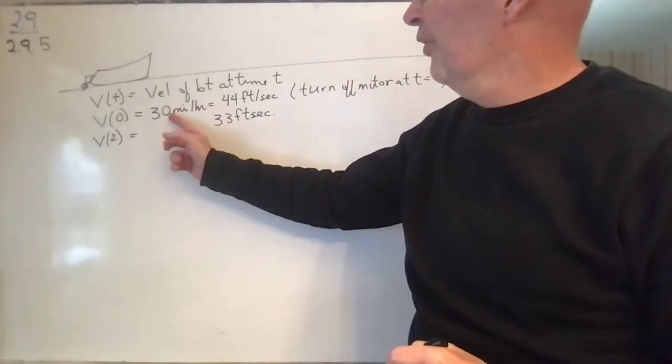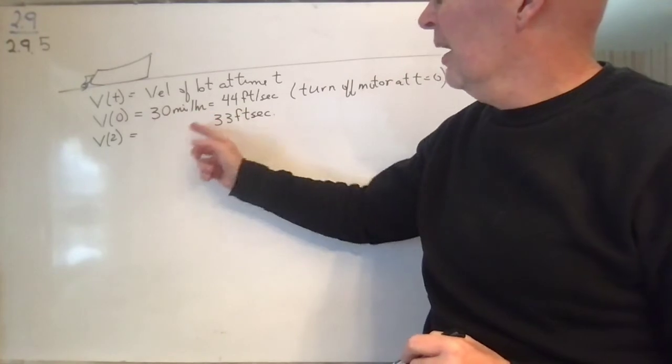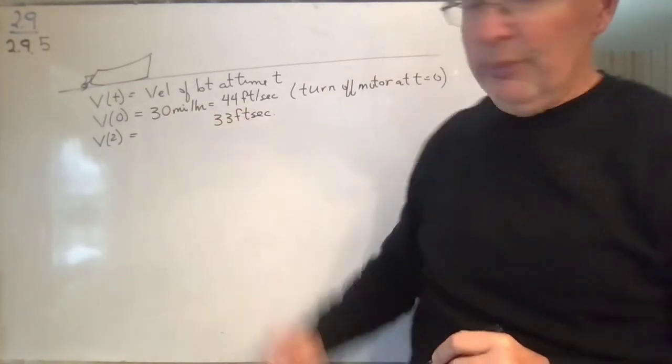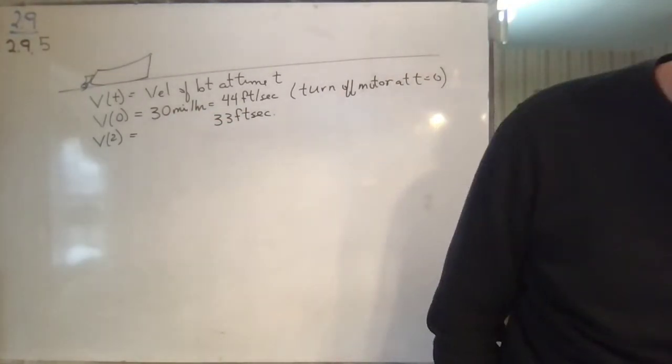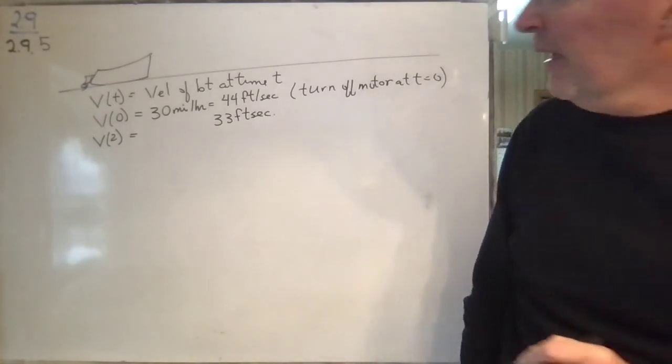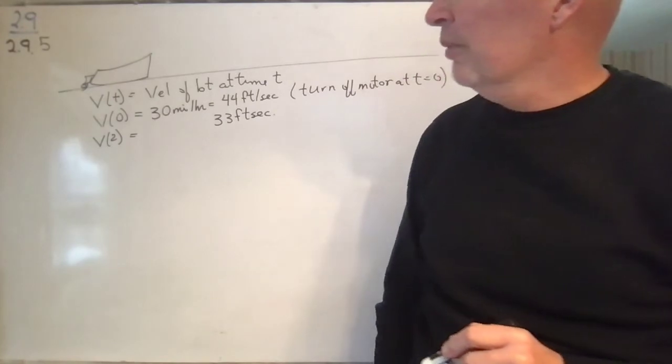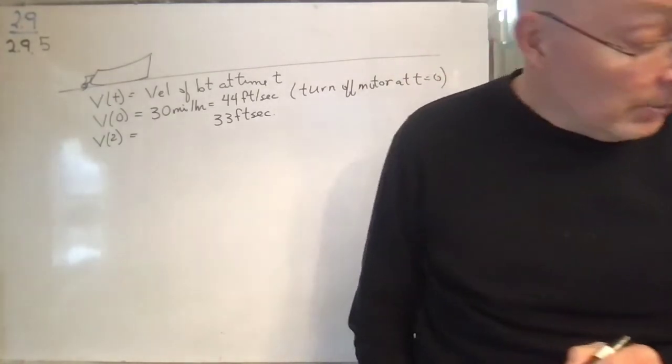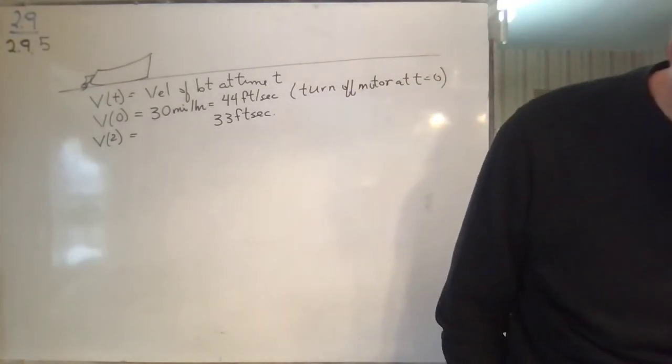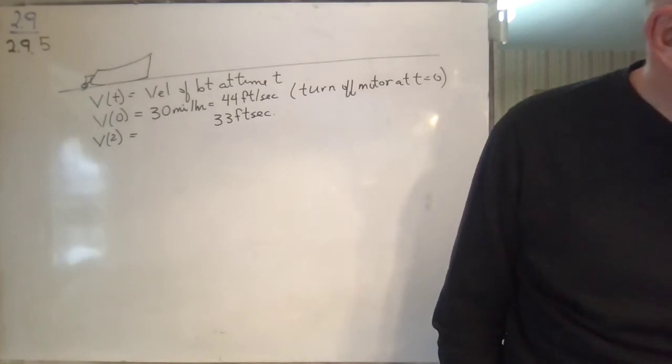It's 30 miles an hour, and then 2 seconds later it's 33 feet per second. Okay? And here's what you need to do. You need to eventually find out how far that boat is going to travel once you turn off the motor. But there are some steps in between. And so here are the things you need to assume.